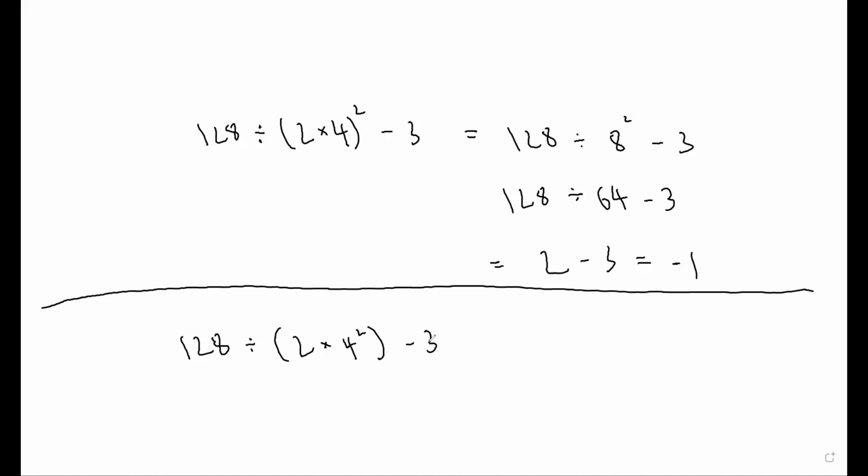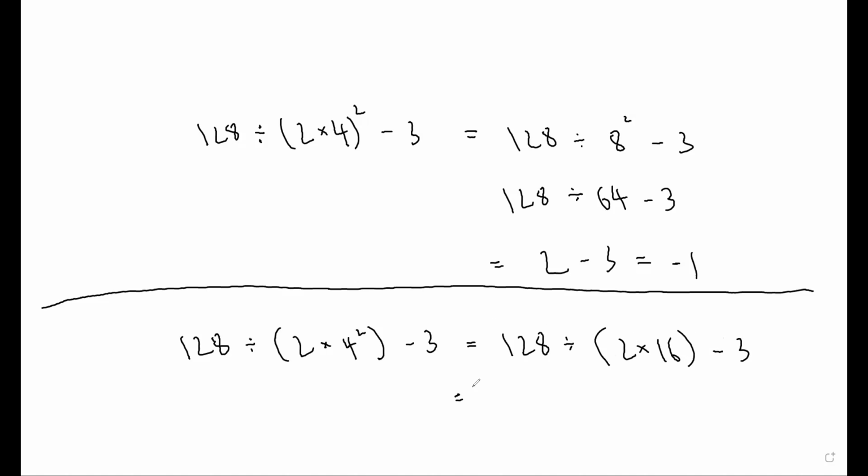So let's start BEDMAS, brackets. Okay, and now within the brackets, you kind of have to reevaluate BEDMAS because you have an expression within the brackets in this case. So of course you do the exponent part first. So let's do that. 128 divided by, in brackets, 2 times, so 4 times itself is 16, minus 3.